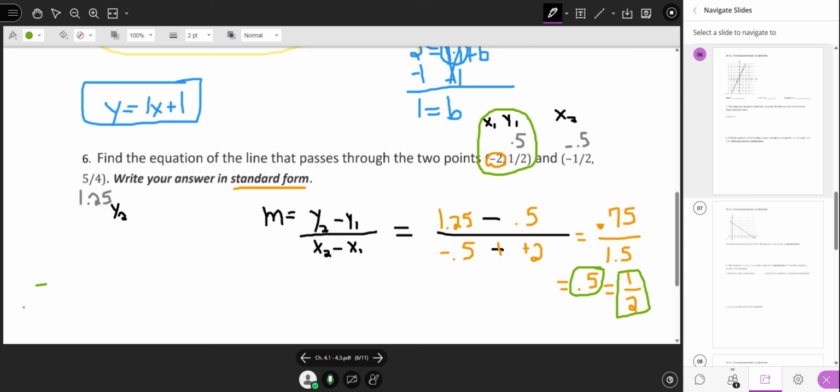So 0.5 equals -2 times 0.5 plus b. Yuck. Now that's -1.